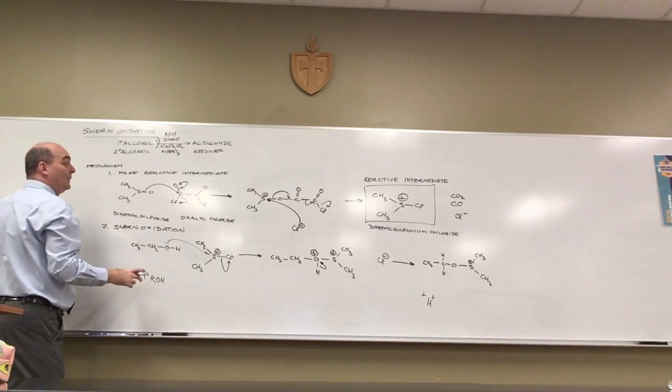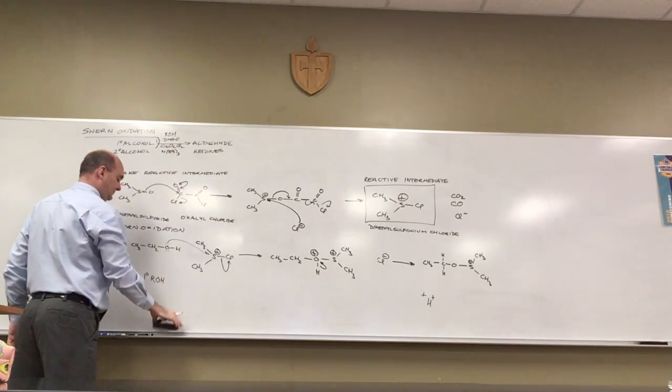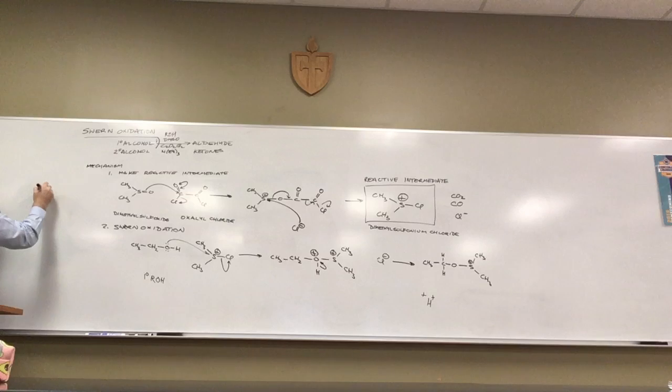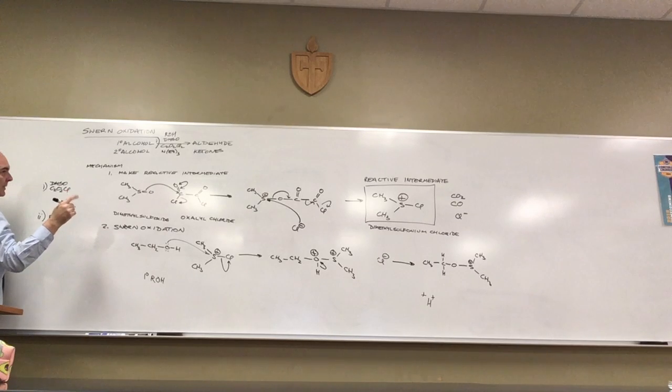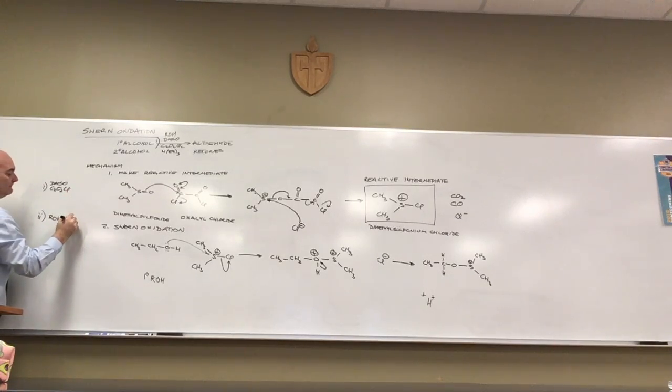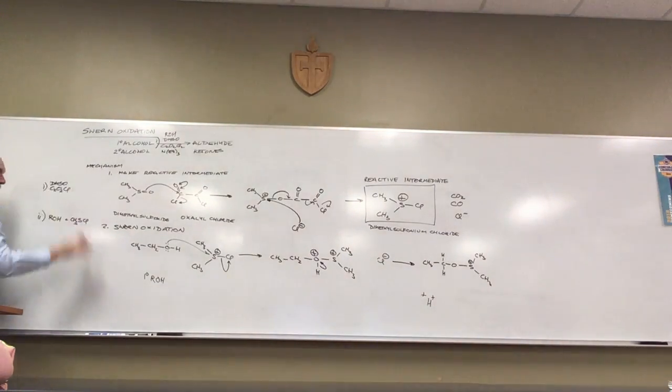Technically, if we split it this way, step 1 is DMSO and oxalyl chloride. Step 2 is the alcohol plus this, which is really from here.